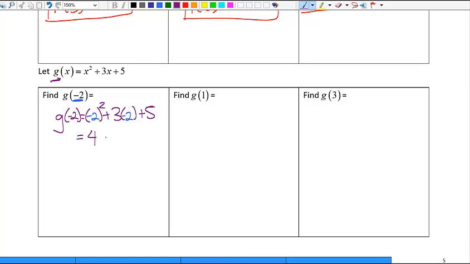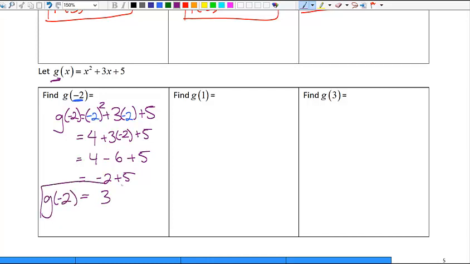PEMDAS tells me to do exponents first. Now I'm going to go left to right and do all my multiplication and division. So that's 3 times negative 2, that's negative 6. Then I do all my addition left to right. 4 minus 6 is negative 2, negative 2 plus 5 is 3. So I have g of negative 2 is equal to positive 3.